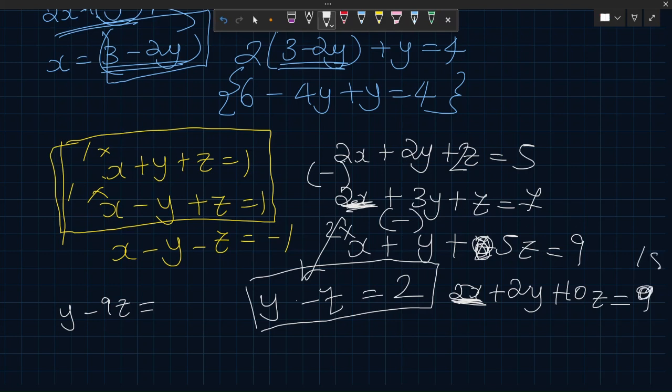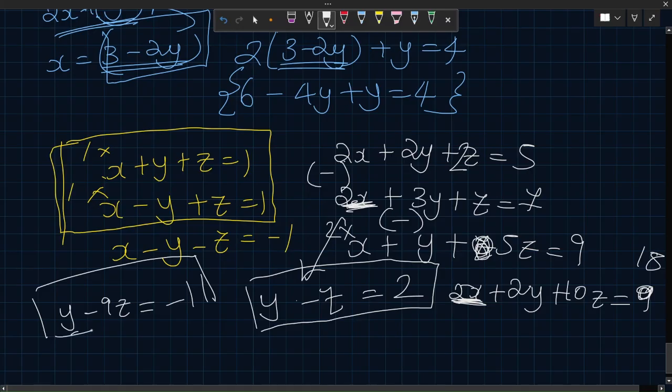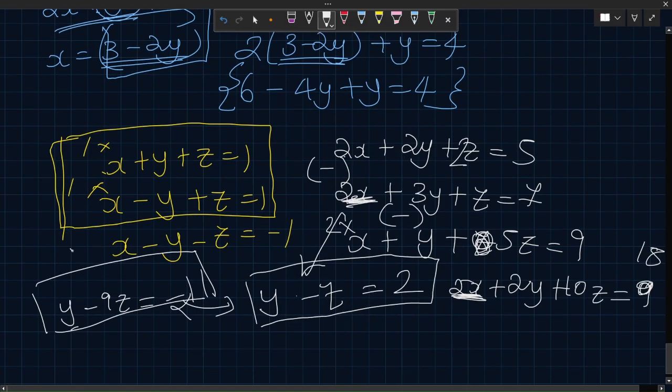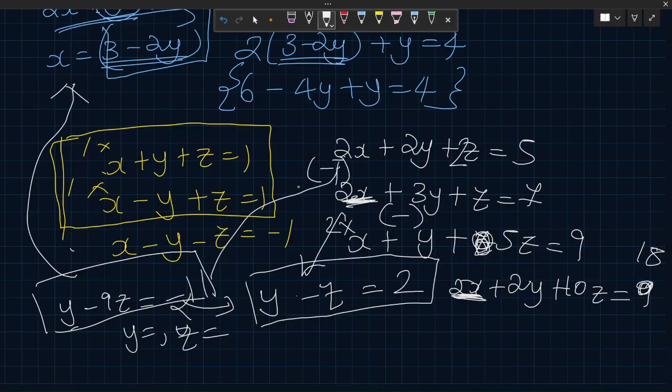So this should be 18. 7 minus 18, that's minus 11. So now I have two equations in two variables. I can solve this as I solved the previous example, get the value of y, get the value of z, and then substitute in any of the equations to get the value of x.